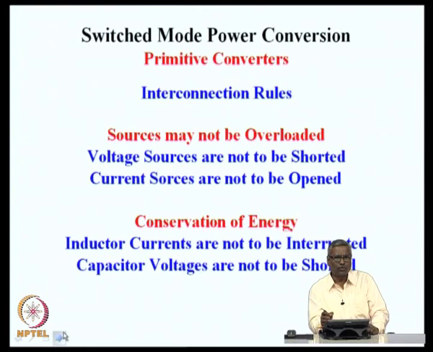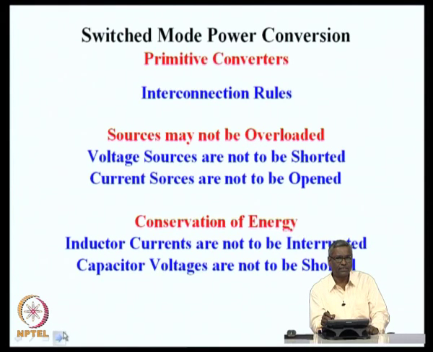The interconnection rules are as follows. If you have a source, a current source or a voltage source, it may not be overloaded. This is one of the first principles that we have to honor. The voltage source or the current source may not be overloaded.